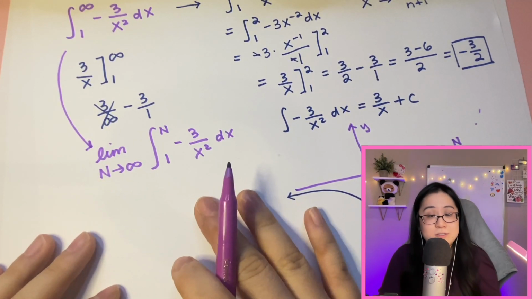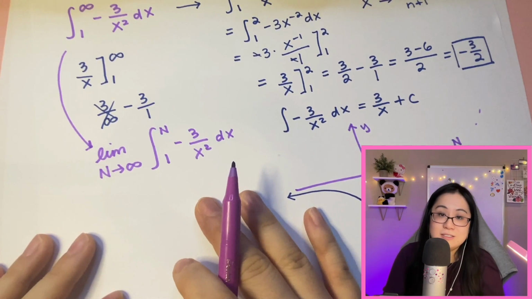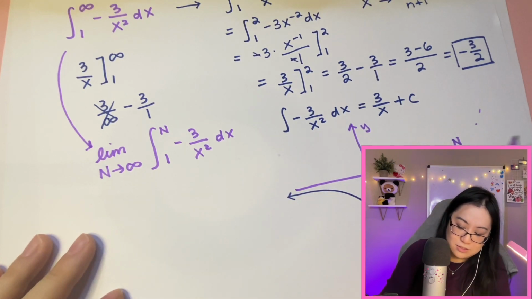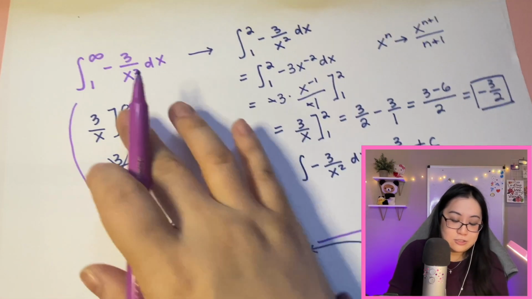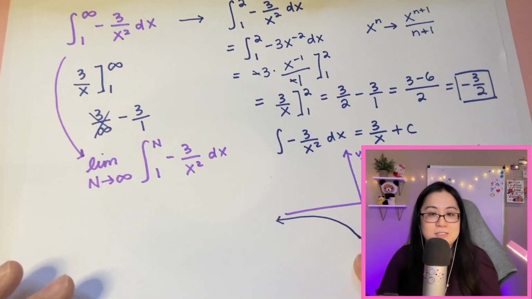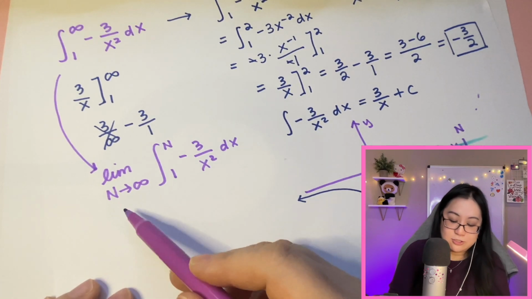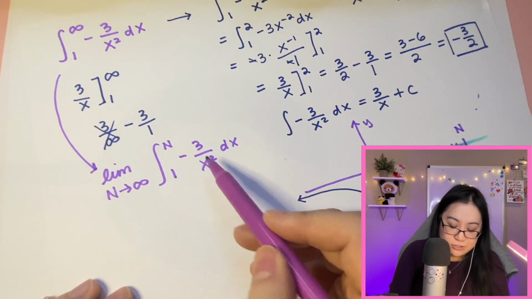If you don't get a constant number, if you get infinity, negative infinity, or if the limit doesn't exist, then this area does not converge. Your integral is just divergent. And that's what you would say, just that the integral diverges. So let's just go ahead and calculate this then. Let's give it a try.